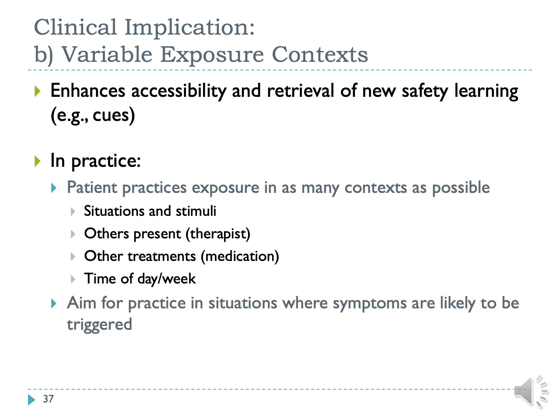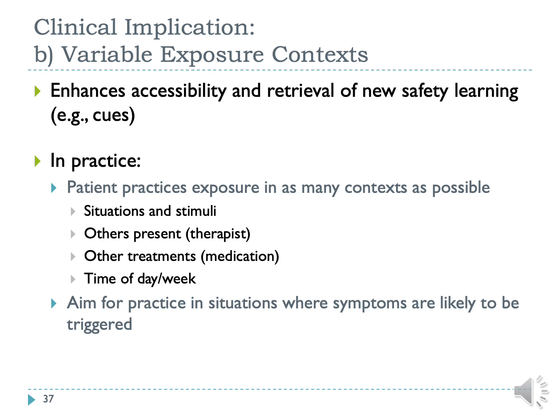Another implication here is to vary the exposure context, and I think this one is really important. When we practice learning anything in different contexts, different settings, that enhances the accessibility and retrieval of what we're learning. We just have more cues that help us to recall what we're trying to learn.